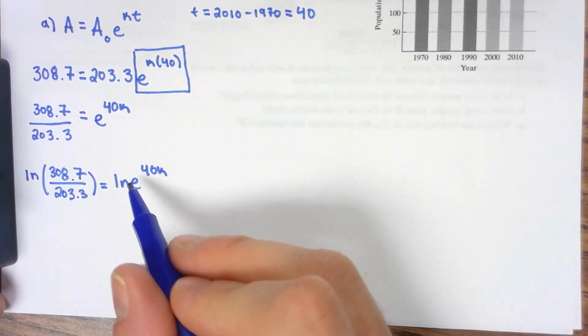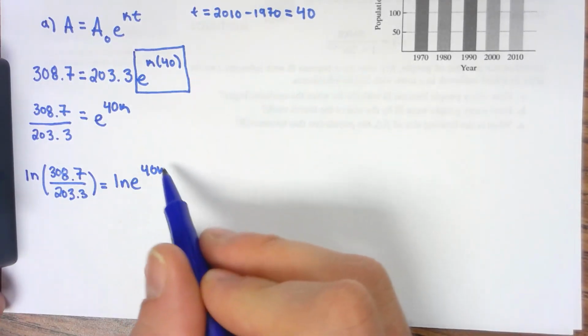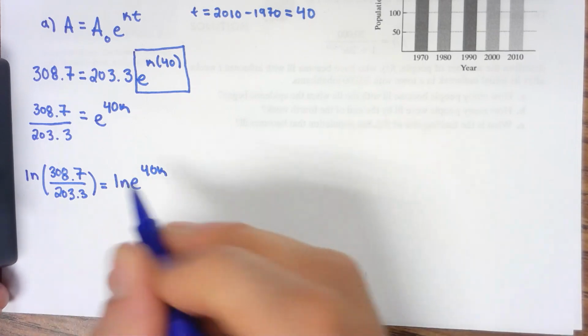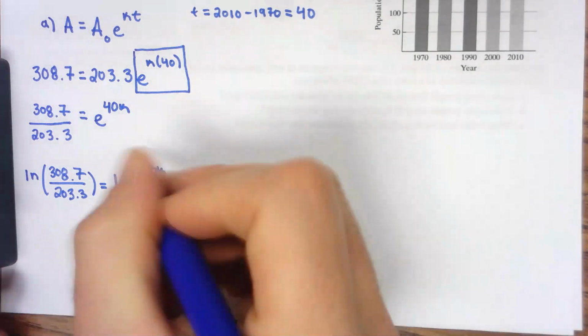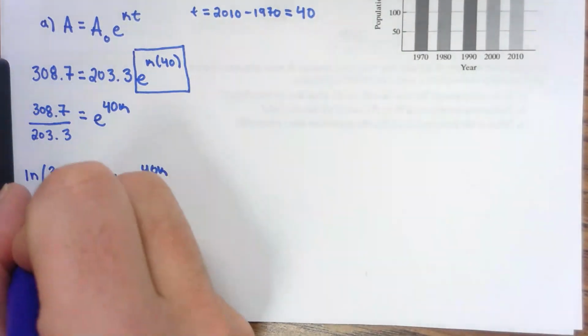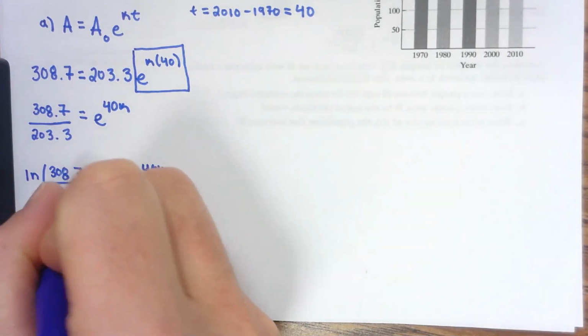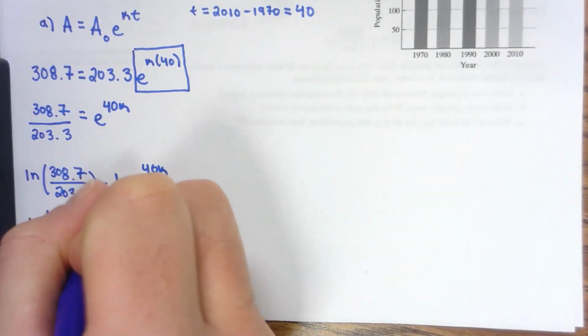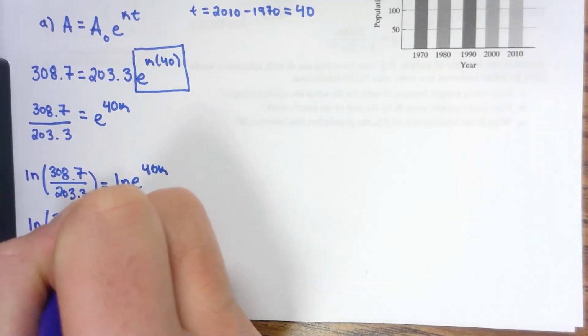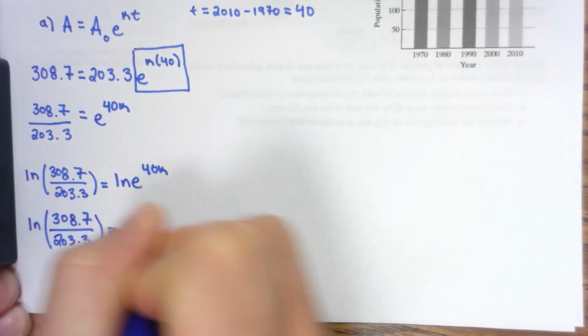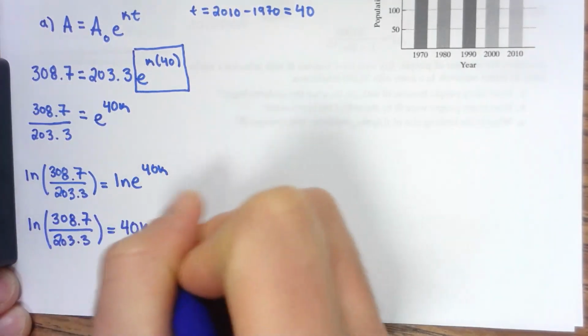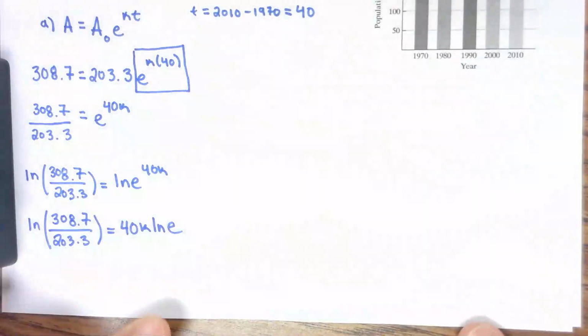Some of you are going to recognize that natural log of e is already 1, so this is just 40k. But kind of going back to what we did yesterday, we took this exponent and made it the coefficient. So natural log of 308.7 divided by 203.3, and then it equals 40k natural log of e.